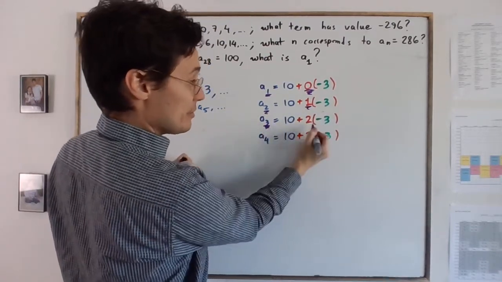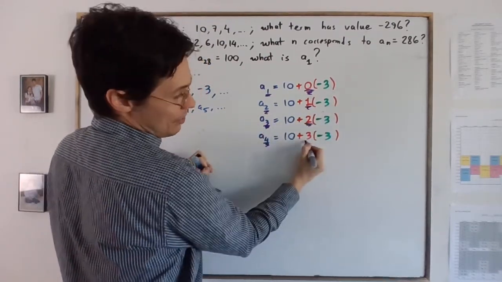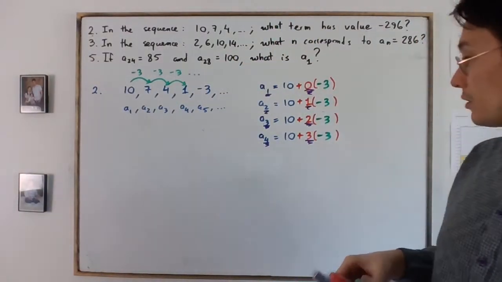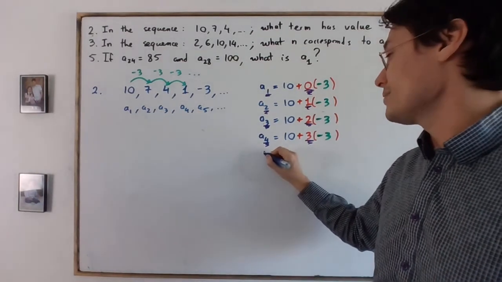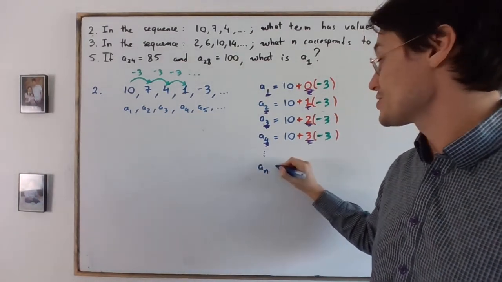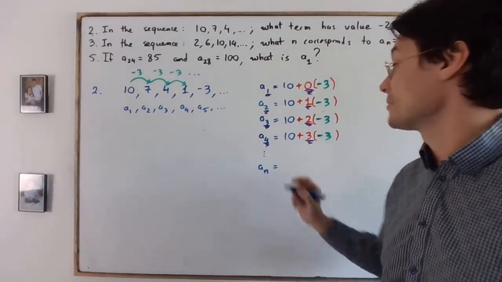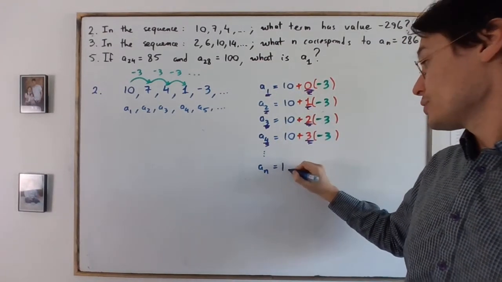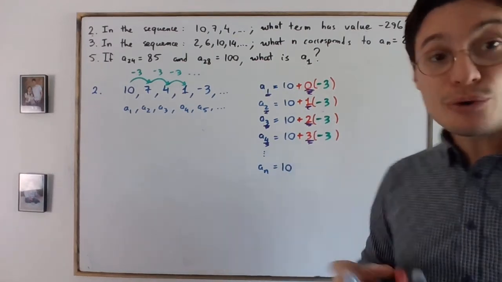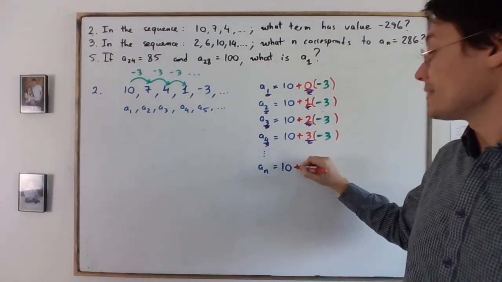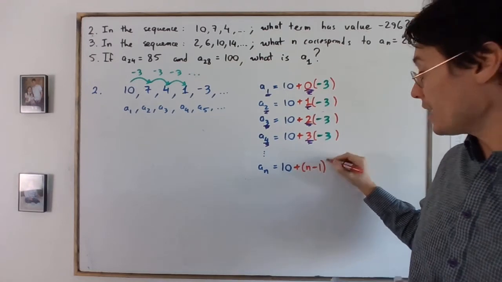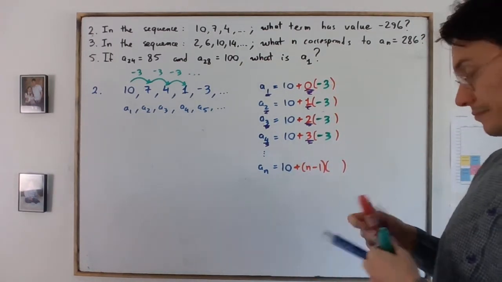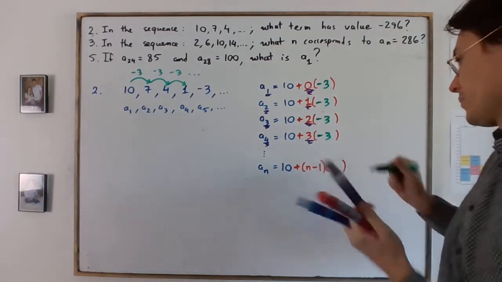So I have 3 here, this is 2. I have 4, this is 3. So in other words, you should be able to not only guess, but pretty much deduce a pattern for the nth term. So to get from 1 to n, you start at A1 and you add n-1 times the bounce, which is the -3.